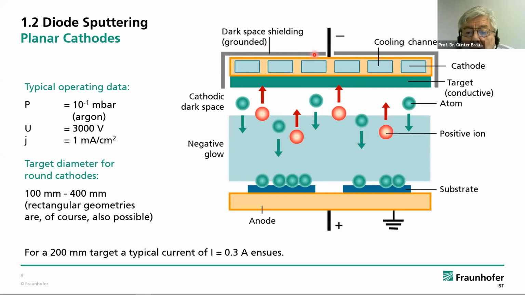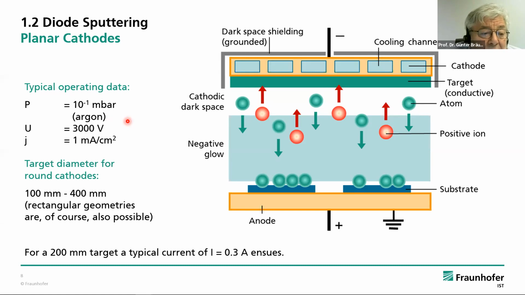Opposite the target, you have the anode, which in an industrial plant is normally on ground. The voltage at the target is typically several thousands of volts, so it's very high due to the high plasma impedance, and you can obtain only very low currents. That's the problem of diode sputtering.